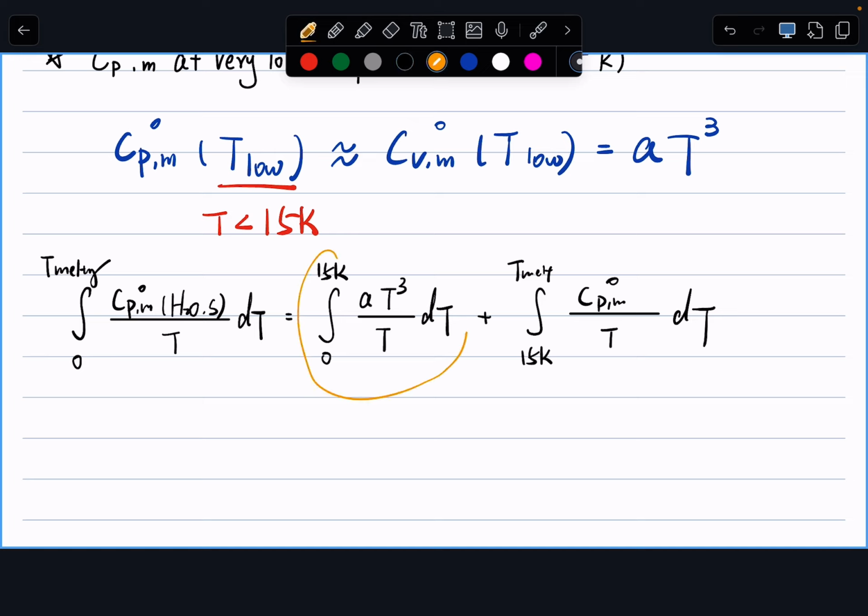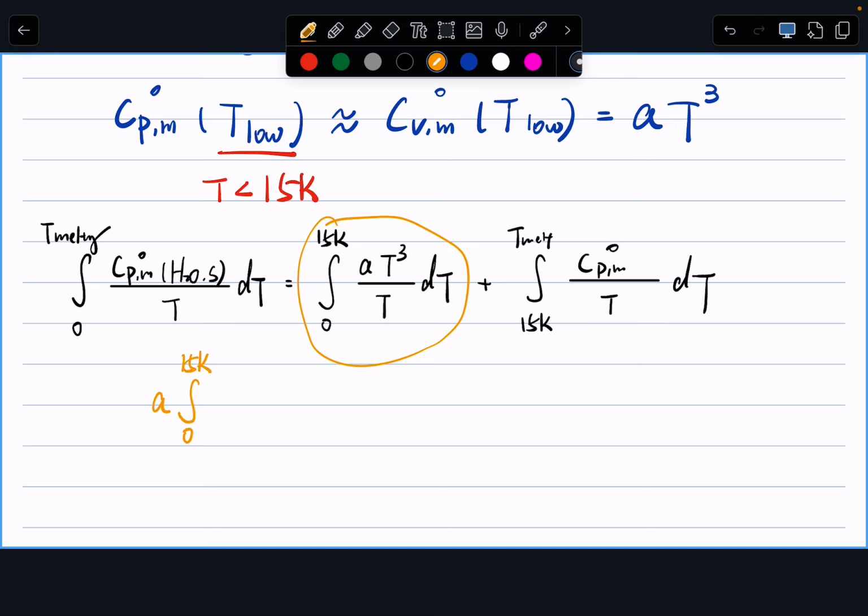And this term, with a little bit of calculus, we can simplify into A times the integral from 0 to 15 Kelvin of T squared dT, or AT cubed over 3 from 0 to 15 K, or you can rewrite that as, since AT cubed equals Cpm naught of T low, Cpm naught of T low divided by 3.